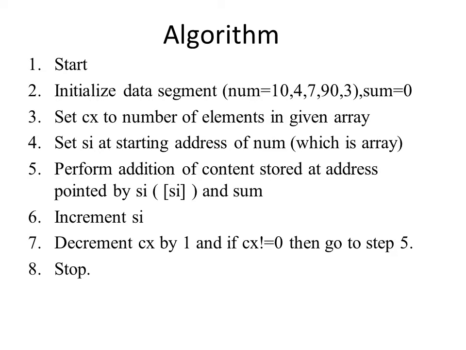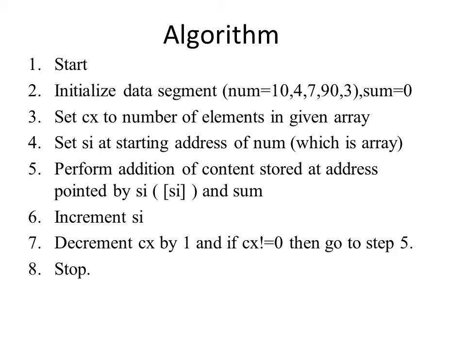Whatever the number of elements present in the array, that many additions we will perform, and we will add those elements one by one from index 0 to the last index, and the result of the addition will be put in the sum variable. So first of all sum is 0, then the first element will get added into that sum variable.